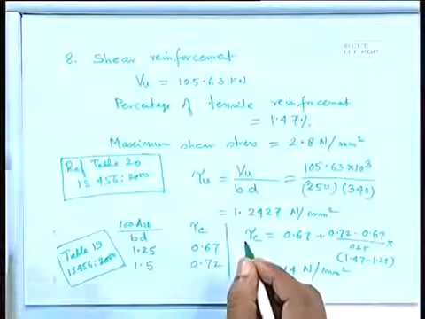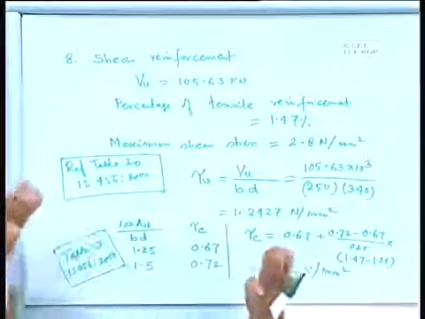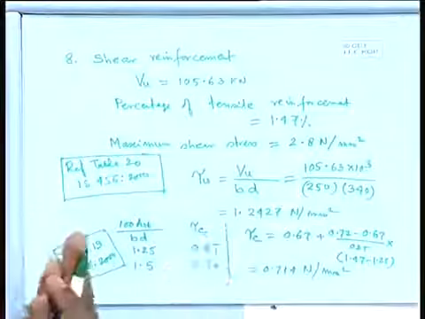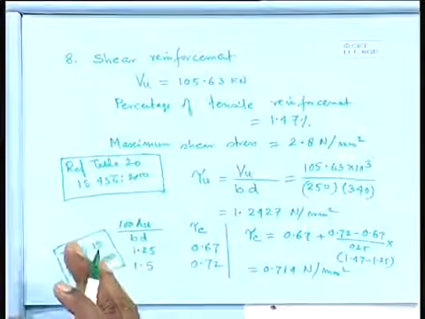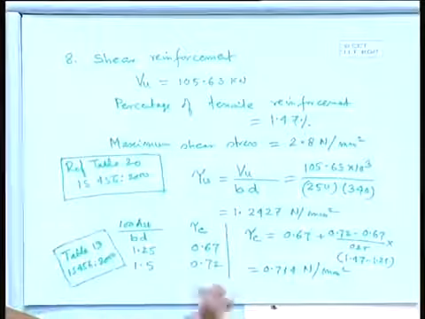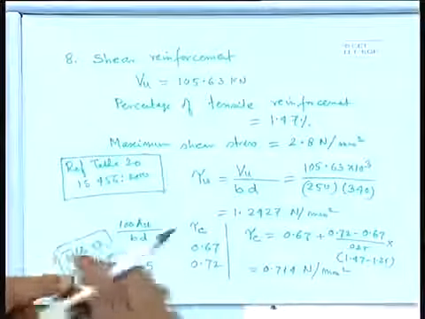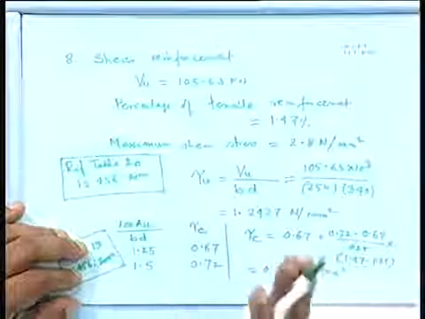The shear stress, tau C times bd, whatever shear force we get, will be taken care of by the concrete, due to aggregate interlocking, compression of the concrete zone, and also the dowel action of the tensile reinforcement steel.